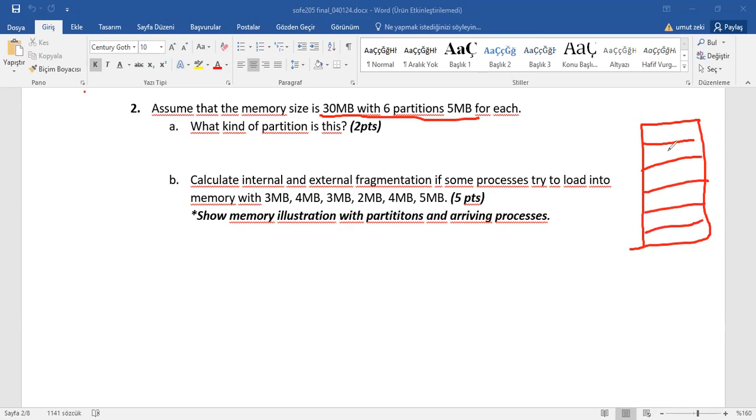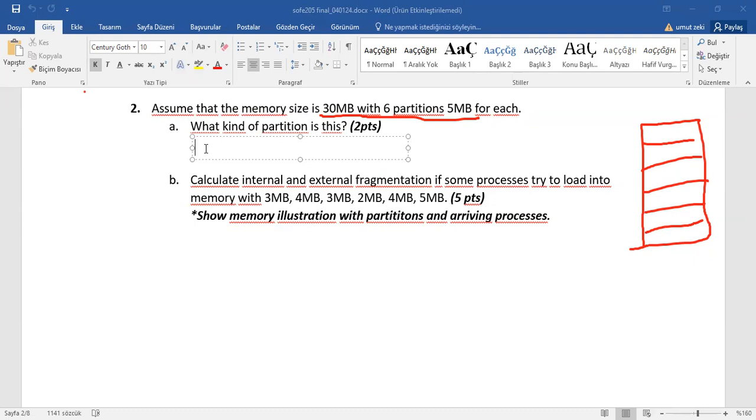So this is a fixed partition. Why? If you remember from the lectures, in a fixed partition, in the beginning, memory is created with fixed partition sizes. They don't all have to be equal, but the partition sizes are fixed, which means once created, they cannot be changed later.